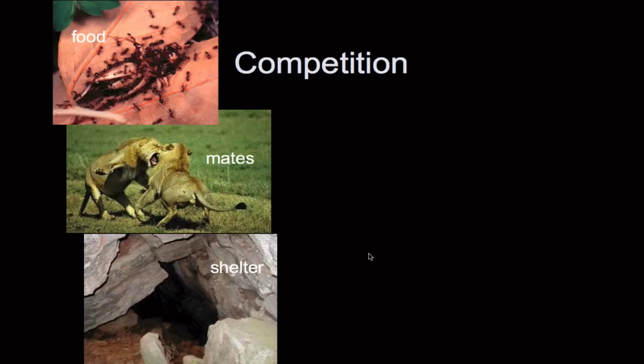All right, so competition is pretty much what drives most organisms. There's competition for food, there's competition for mates, and there's competition for shelter. And so competition is really what will cause an organism to pick its niche, or to fill a niche would be a better way to say that.